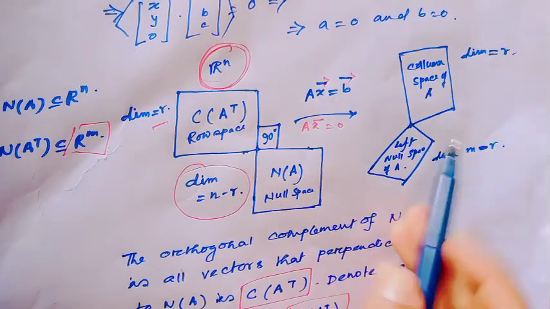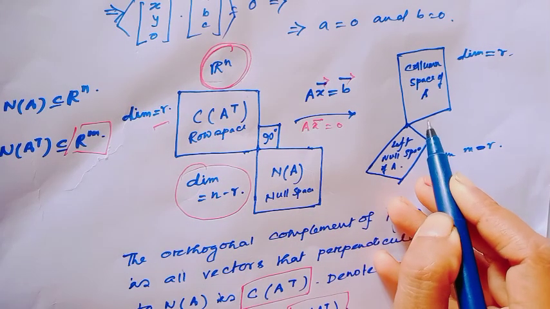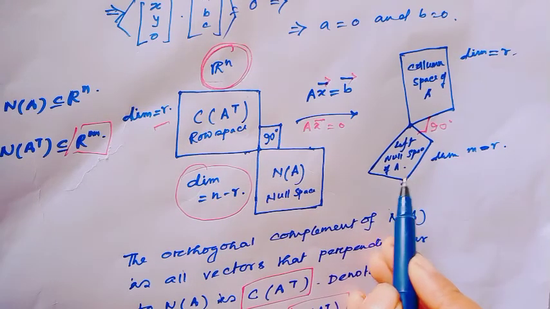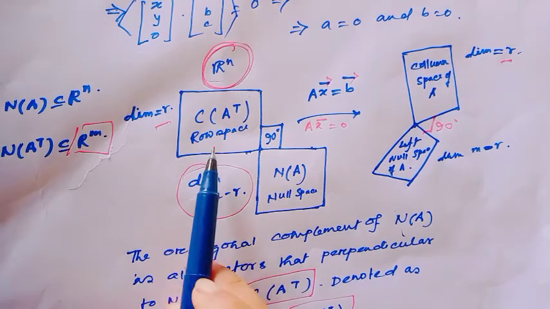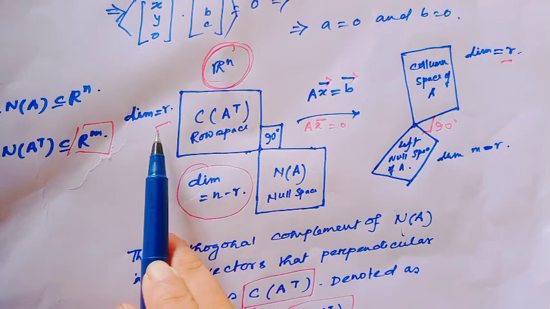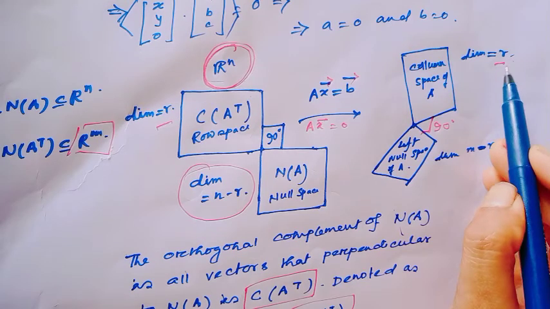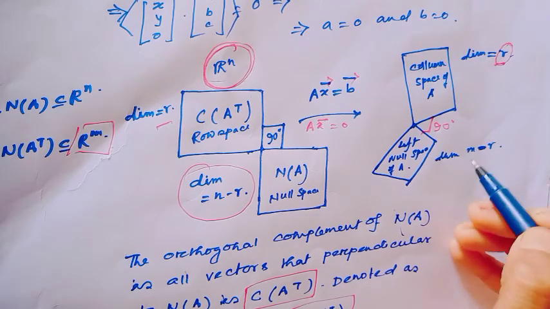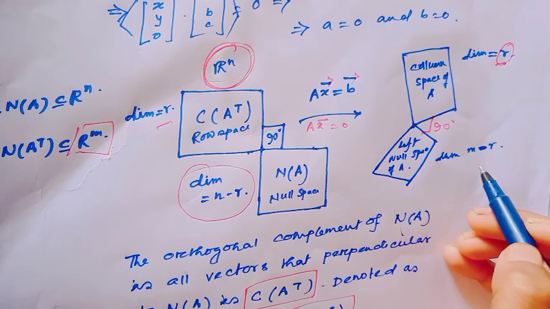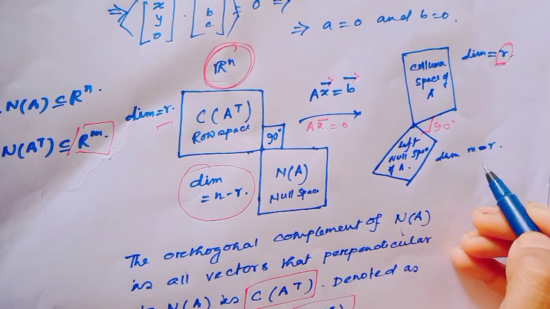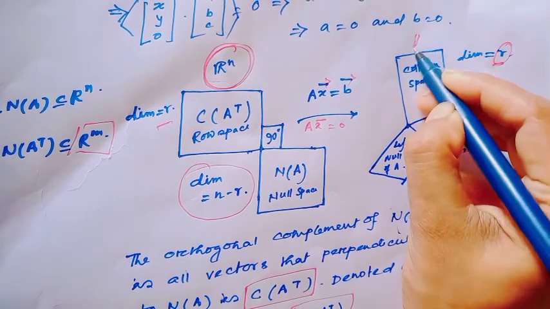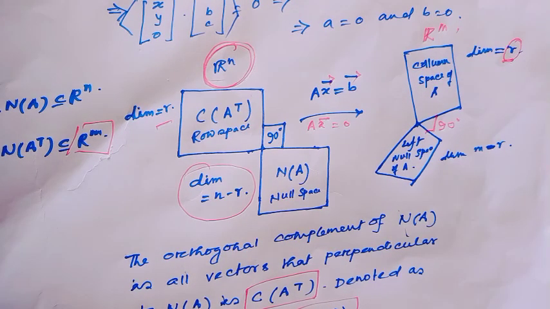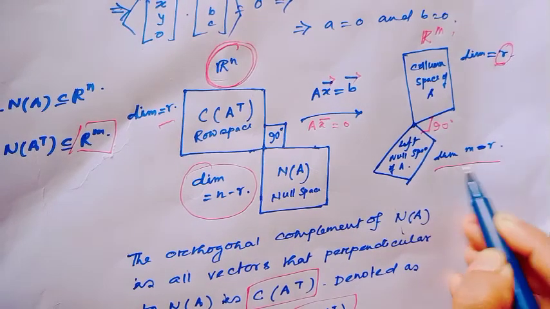And this picture is of such type: column space of A perpendicular to the left null space of the matrix A. Since the dimension of the row space equals r, obviously the dimension of the column space equals r, and then the dimension of the left null space, since this is a subspace of Rm, would be m minus r.